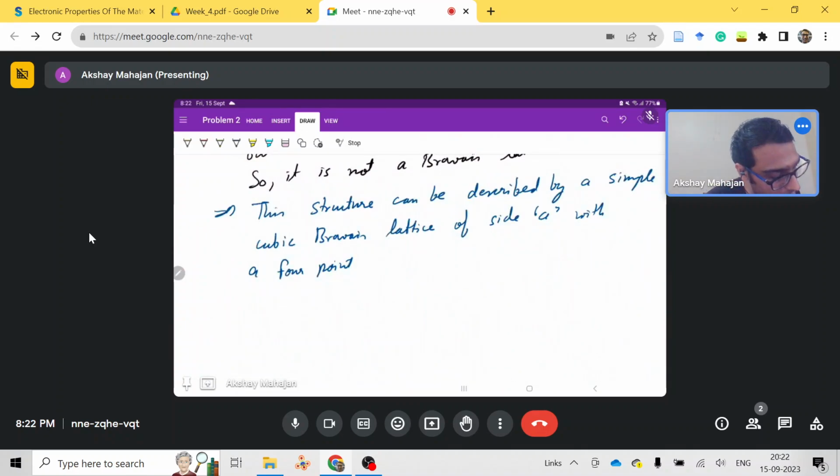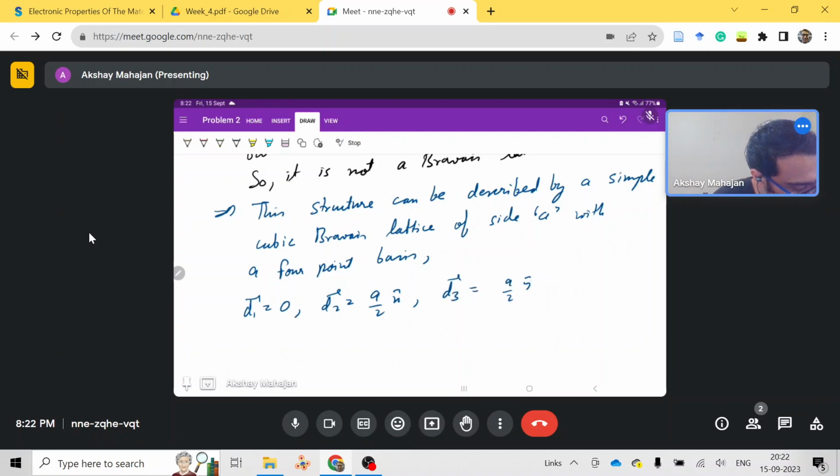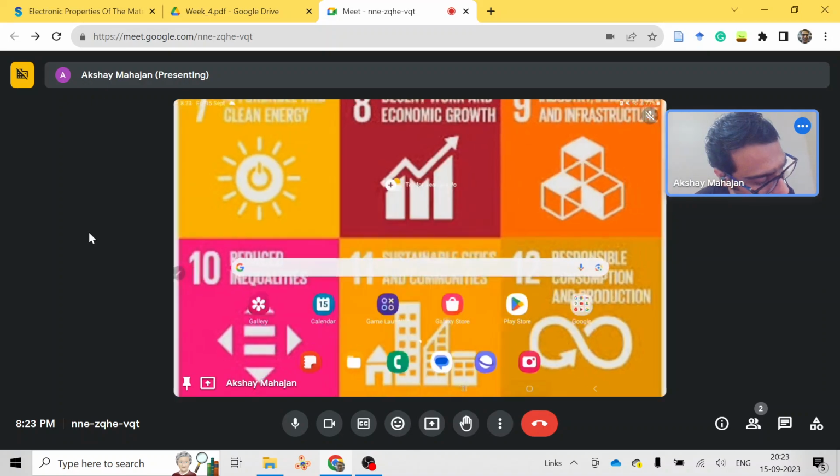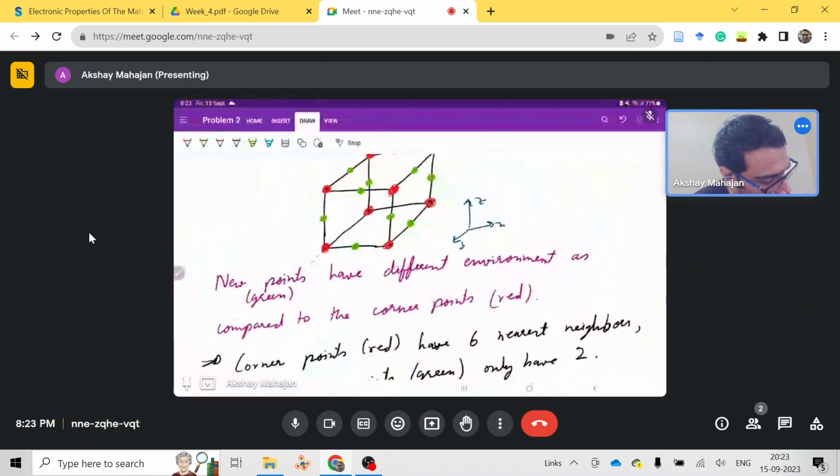with a 4-point basis. Okay, so the d1 vector will be equal to 0, the d2 vector will be equal to a by 2 x cap, the d3 vector will be equal to a by 2 y cap, and the d4 vector will be equal to a by 2 z cap. So here you can see that basically what you have to do is take this basis. If I extend it here, this will be my x, y, and I'm taking this as z.